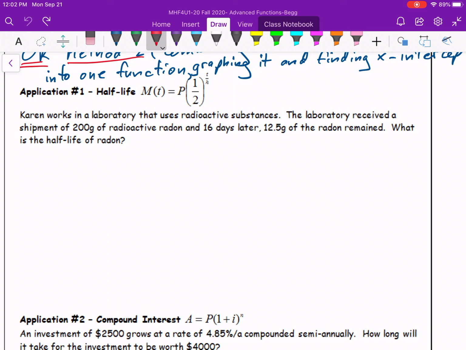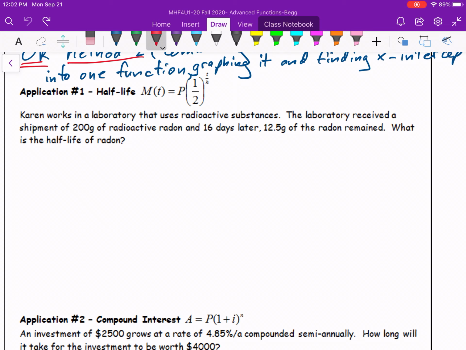Half-life is defined as, in my own words anyway, the length of time it takes for some sort of substance to decay to half of whatever its original amount is. So here's an equation for half-life. M at t equals p times 1/2 to the exponent t over h.